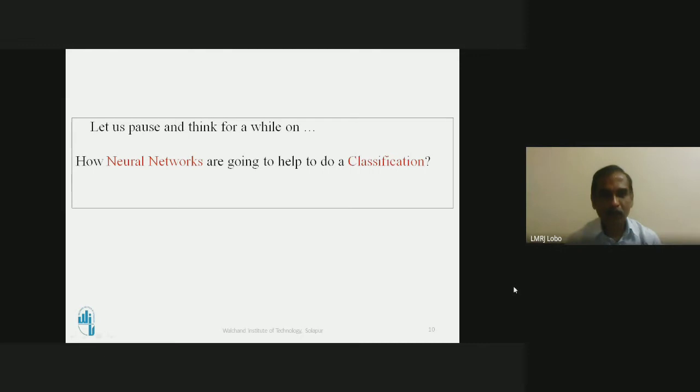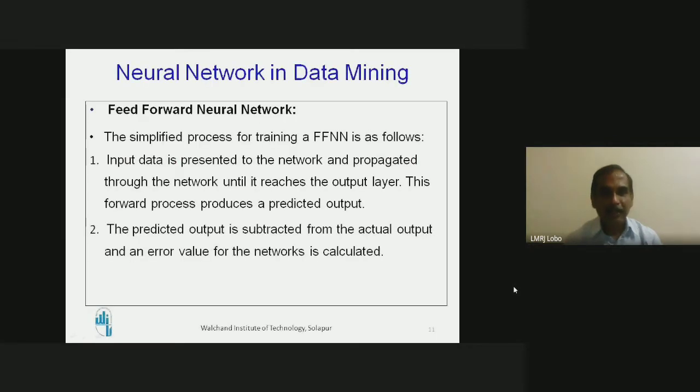Now let us pause for a while and think how neural networks are going to help to do classification. Neural networks are frequently used to a great extent in data mining.